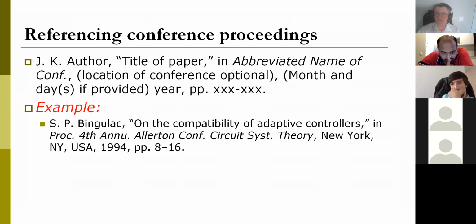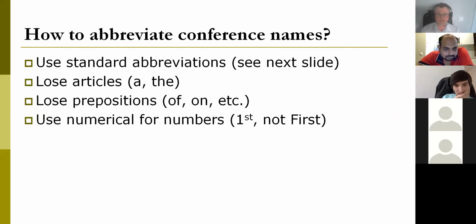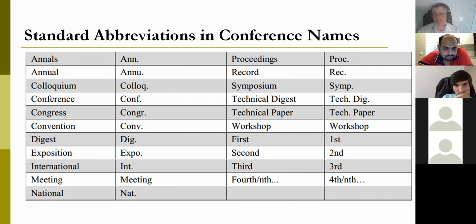For conference proceedings, there is a different abbreviation list, so you will have to take a look at a different list. The good news is that the standard abbreviation list for conference proceedings is much shorter compared to the standard abbreviation list for journals. So it's easier that way.